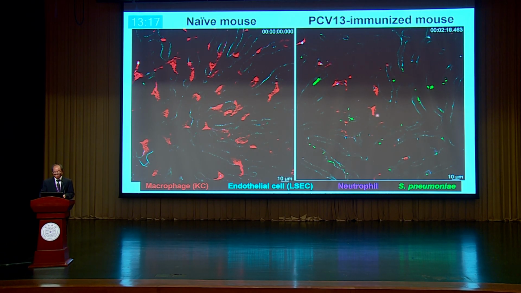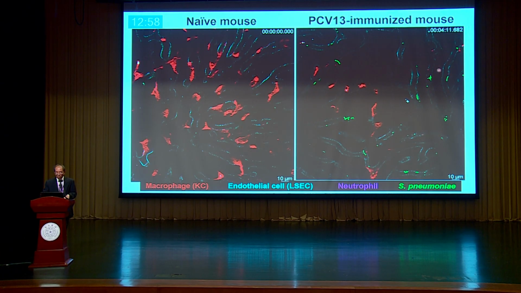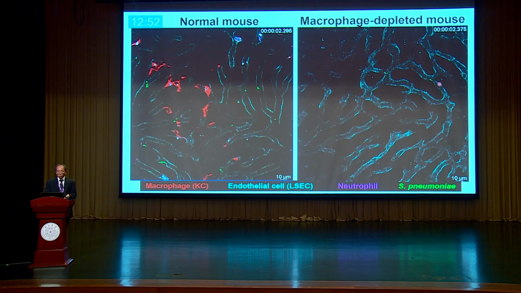Some of them clump into a big clump, and the famous neutrophils, which you can see in purple, come over and then go away, right? So that means the neutrophil is not a major phagocyte that kills bacteria in the blood. It's the liver, and it's the liver endothelial cells. So that's quite a surprise.